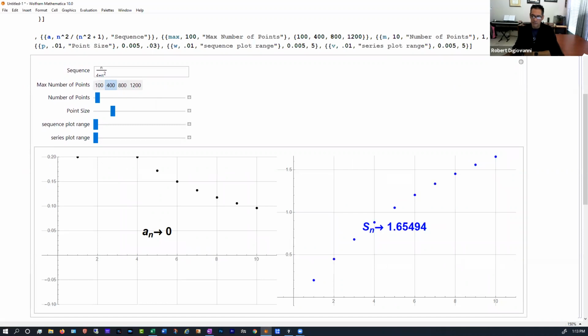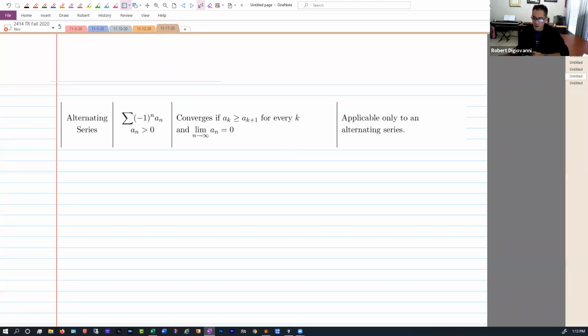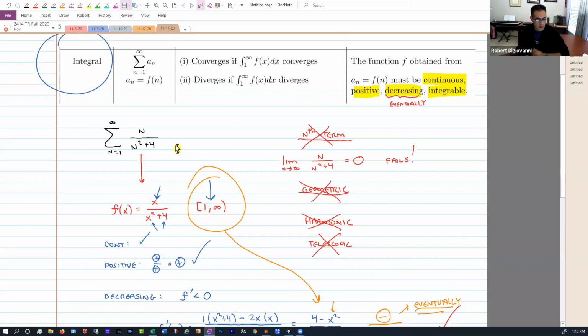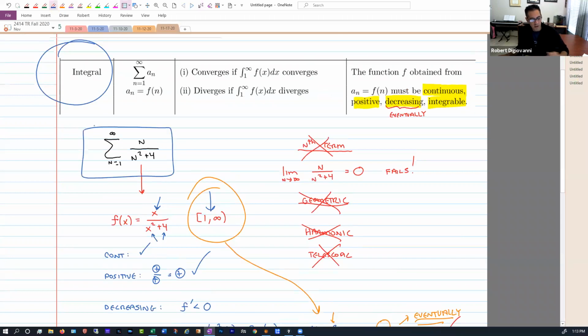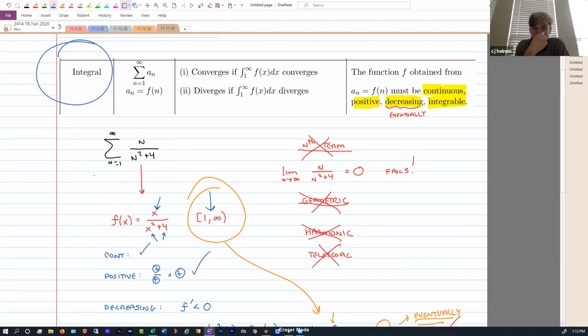All right. Let's do another one. So the question here, oh, by the way, do we know what this series converges to? Or never mind, it doesn't converge, sorry. It diverges, right? So I was going to ask you, do we know what it converges to? No. We don't, but that's because it diverges.